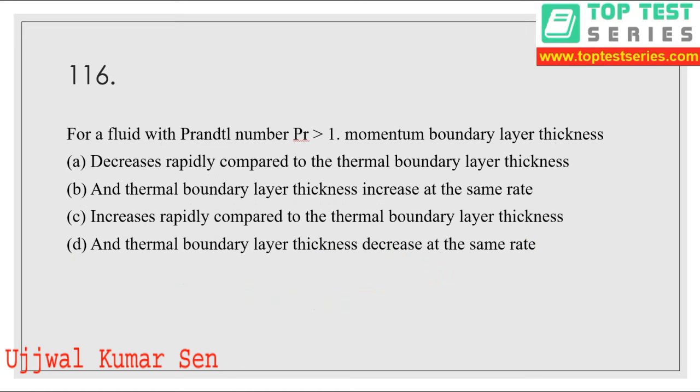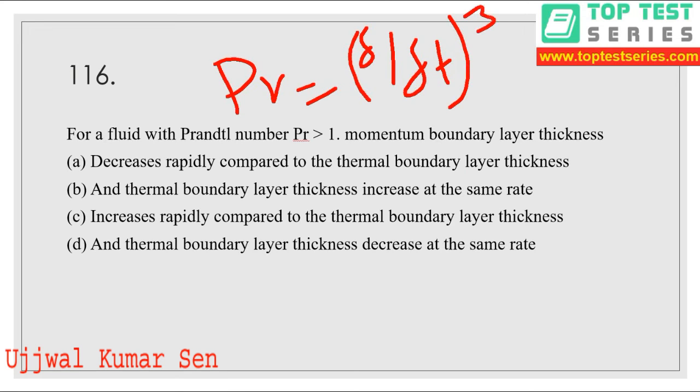Question number 116. Again it is talking about Prandtl number. For a fluid with Prandtl number Pr greater than 1, the options say the momentum boundary layer thickness increases rapidly compared to the thermal boundary layer thickness, and the thermal boundary layer thickness decreases at the same rate. So my dear, just look at the relation. Pr is equal to (delta by delta T) to the power 3.